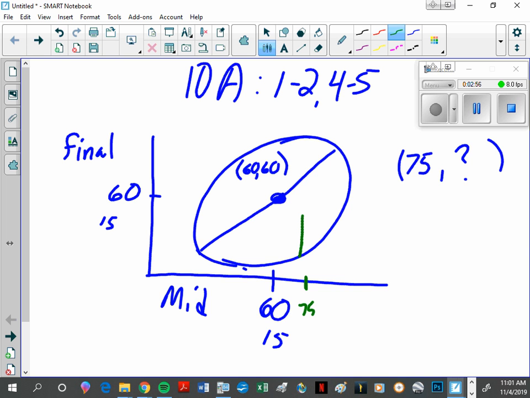If I look at all of the people who scored 75 on the midterm, does this seem like a good prediction for how that person would do on the final? No, it looks too high. Do you guys see that? Our best guess needs to be the average. And the average of this column is like right there. My column's a little low. There we go.